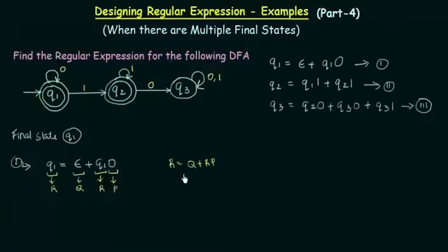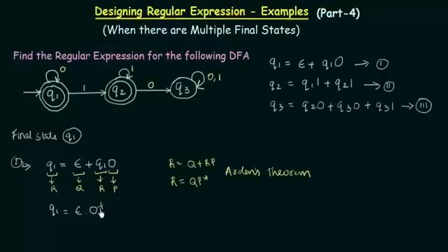Whenever you have an equation of the form R equals Q plus RP, it can be written as R equals QP star from Arden's theorem. So I'll write R, which is Q1, equal to QP star. Q is epsilon and P star, what is P? 0.